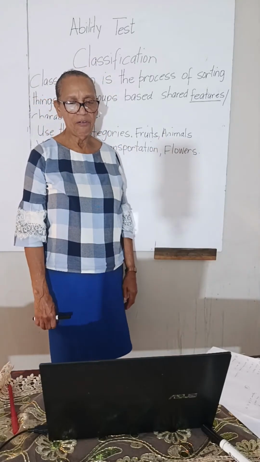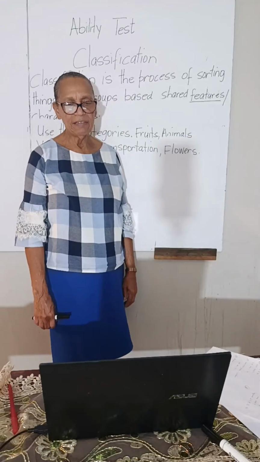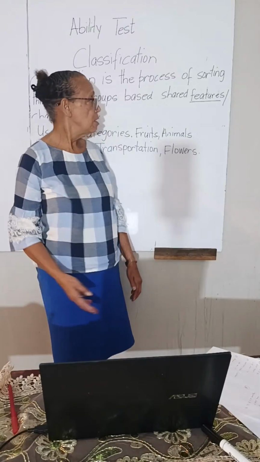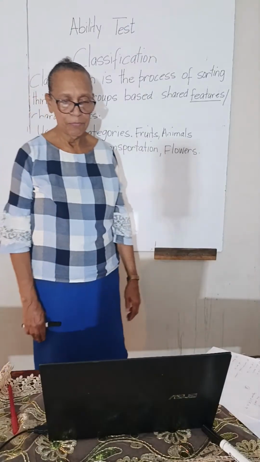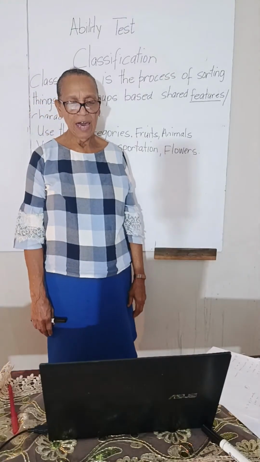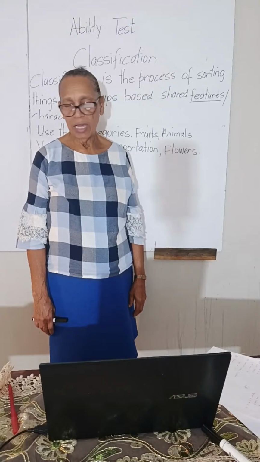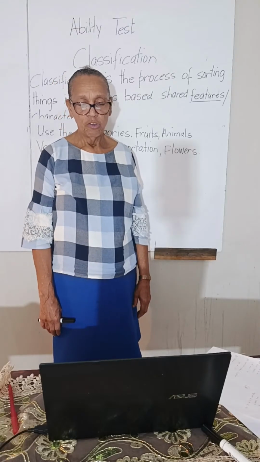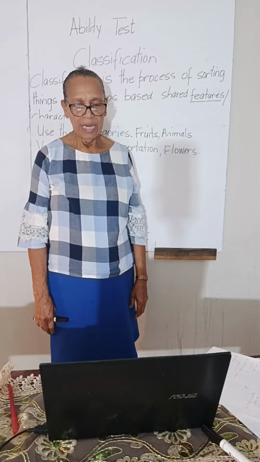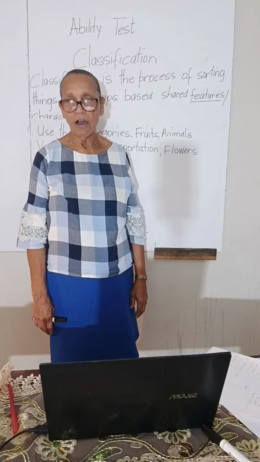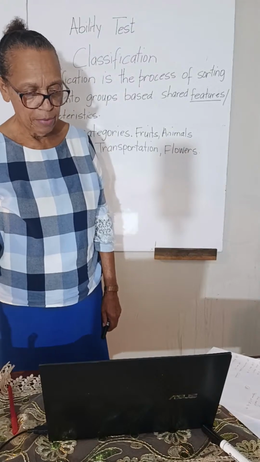Number 3, a carrot is a vegetable. Number 4, an eagle is a type of bird. If you don't see bird up there, you put it in the animal category. Number 5, a rose is a flower. 6, a train is a form of transportation. 7, a banana is a fruit. 8, a dog belongs to the category of animal. If you get all of them right, great job.